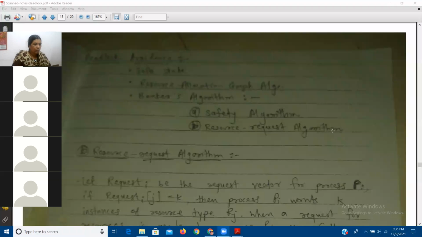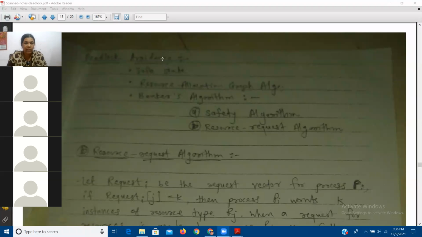Okay. So all the students, if you are not getting it, you can at least note it down. Just go through it. You will understand. If you are not understanding, you can ask me personally also. So we'll go to the second algorithm under banker's algorithm, that is the resource request algorithm. We completed the safety algorithm.